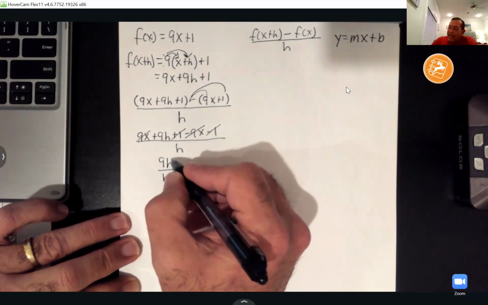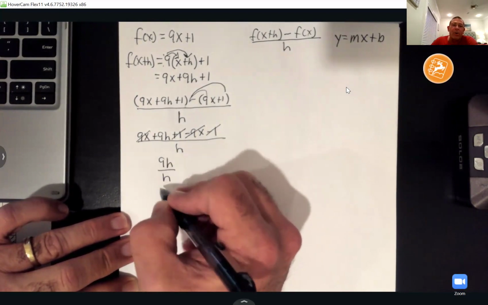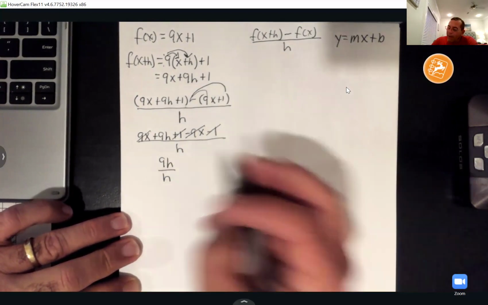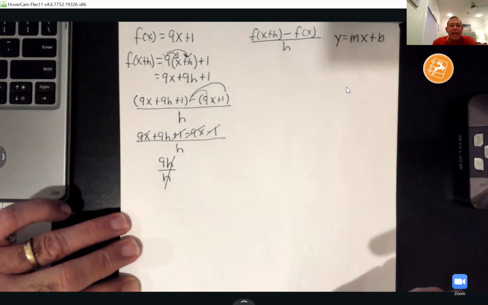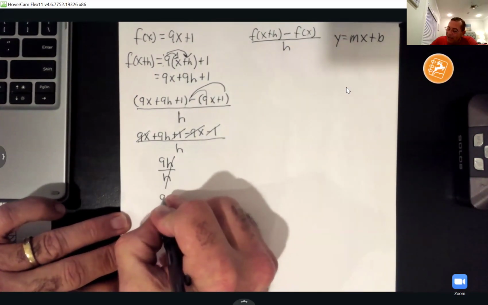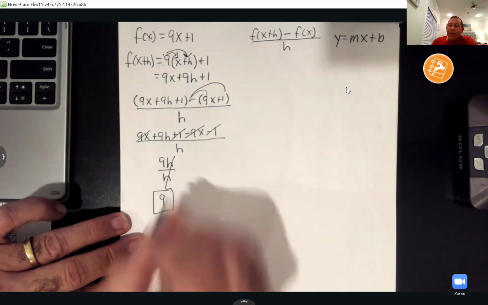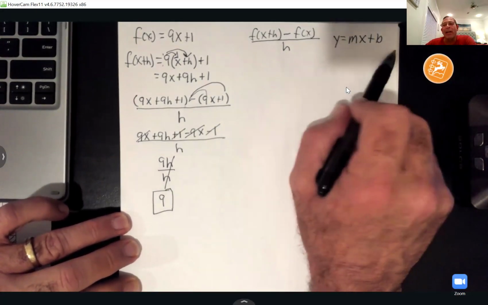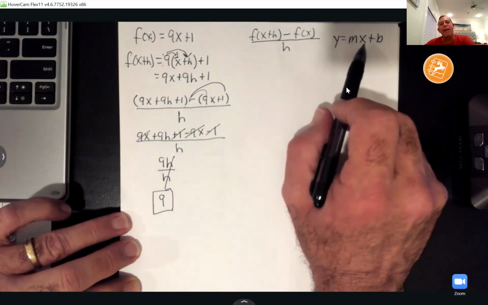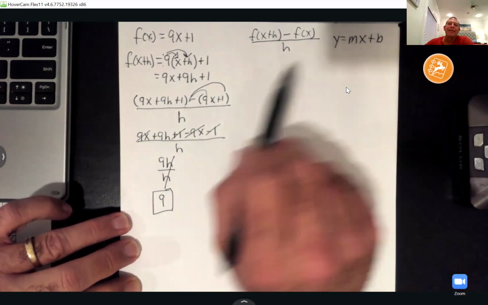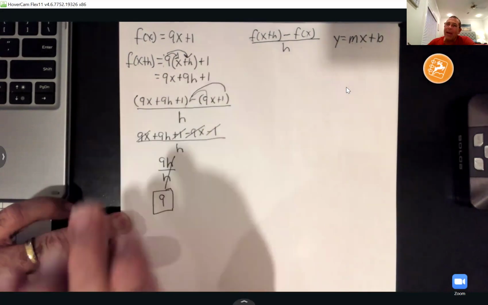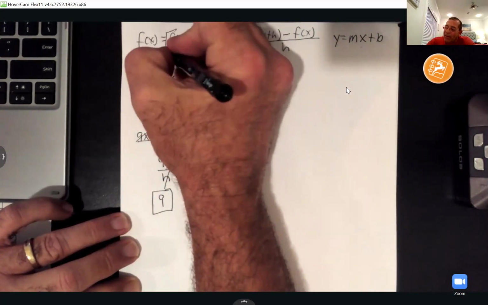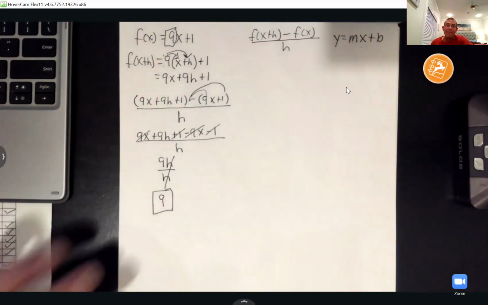Final step is to cancel every term on top by the h on the bottom. Well, look, them h's cancel, and look at that final answer. It equals 9, which is the slope of a straight line because it's the number in front of the x. So 19 is not too bad because you can almost pick out the slope right off the bat, okay?